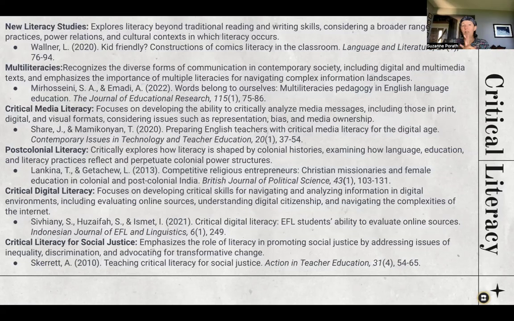New literacy studies, multiliteracies, critical media literacy, post-colonial literacy, critical digital literacy, and critical literacy for social justice are more specific underneath critical literacy. So if you're using a theoretical framework that already exists, you're going to be asked to really name it. And you may be coming from a constructivist perspective, but you need to narrow it down, or you may be coming from a critical perspective, but then you need to narrow it down.